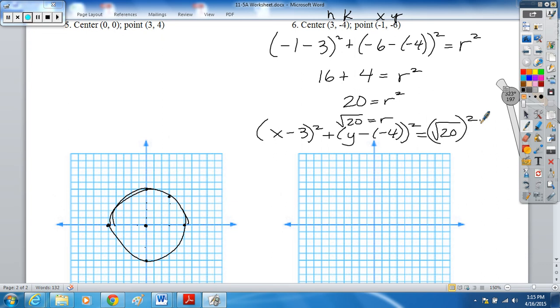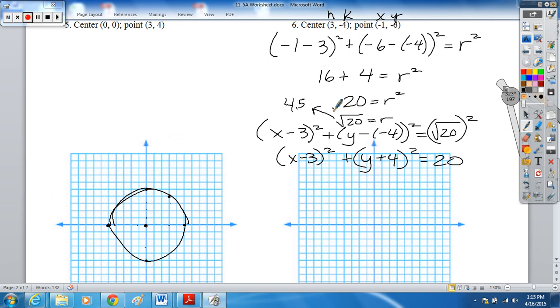And then in the end, make sure we simplify this up and simplify this up over here. (x - 3)² + (y + 4)² = 20. Okay. Now, the square root of 20 is probably going to be something between 4 and 5. Square root of 20, 4.5. Huh. So this is approximately 4.5.